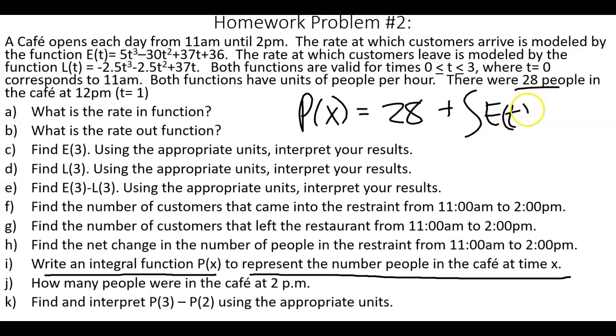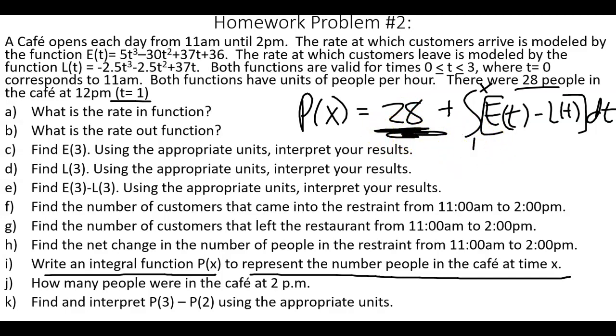Now, something that's a little bit tricky here that you might have missed is this is not actually the starting number of people. It says that there are 28 people in the cafe at t equals 1. Now, that's not a problem so long as I start my integral at 1. You probably put 0 here because we haven't seen too many examples like that today, but basically, whatever t value gives you this number, that's what goes here.